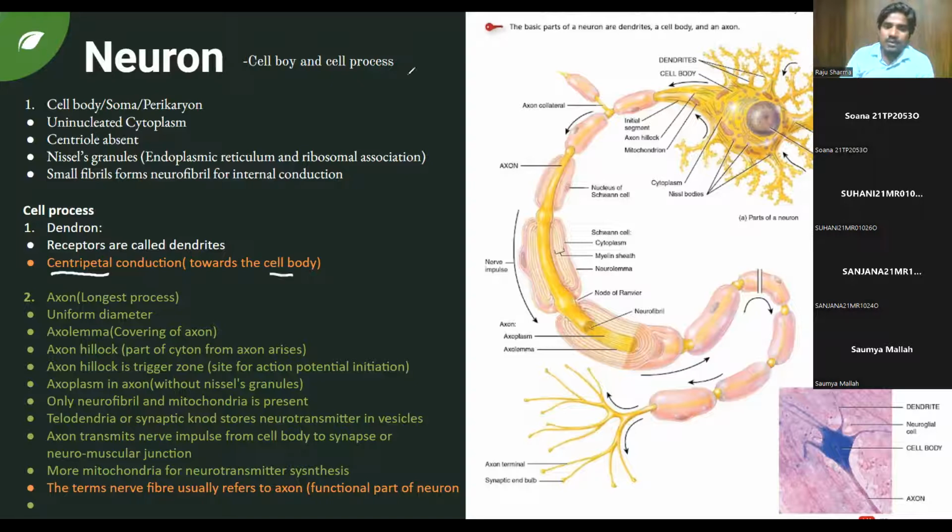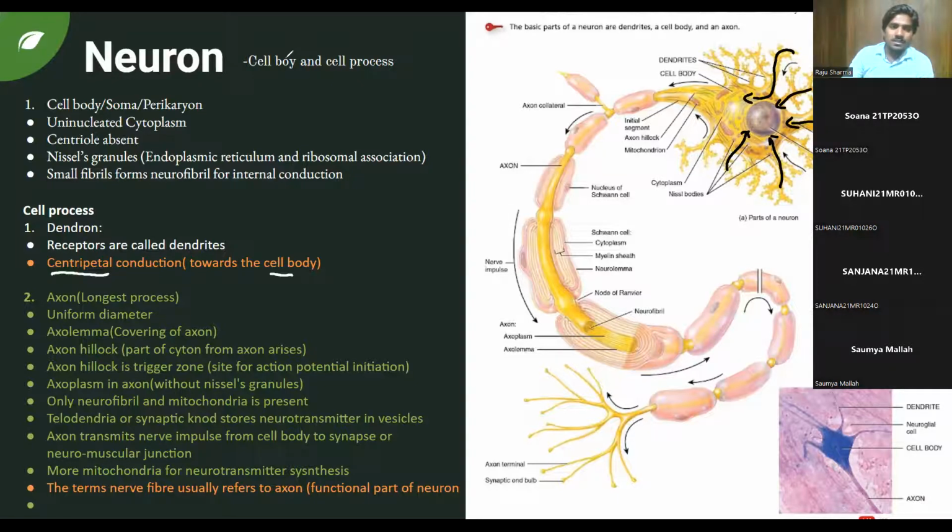So these dendrons actually will receive signal via dendrites, and then it will send signal towards the cell body, which is considered as a center of a cell. So as the signal is moving towards the center of a cell, that is why this type of conduction is called as centripetal conduction.